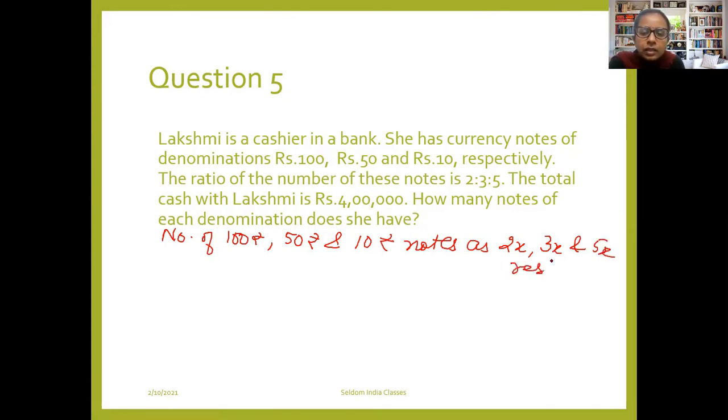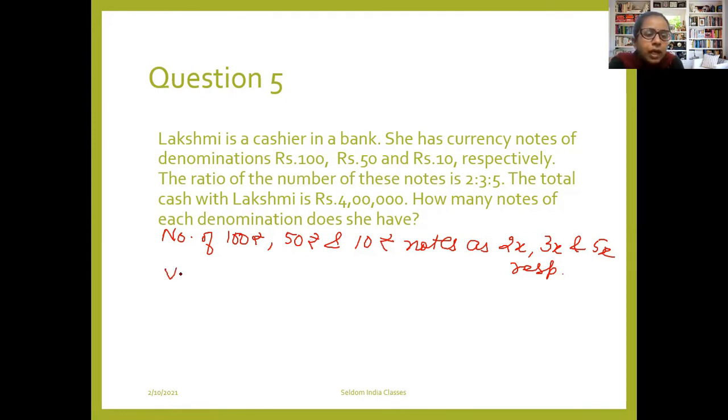We can take the number of 100, 50 and 10 rupee notes as 2x, 3x and 5x. How do we get it? From this ratio. 2x, 3x and 5x.